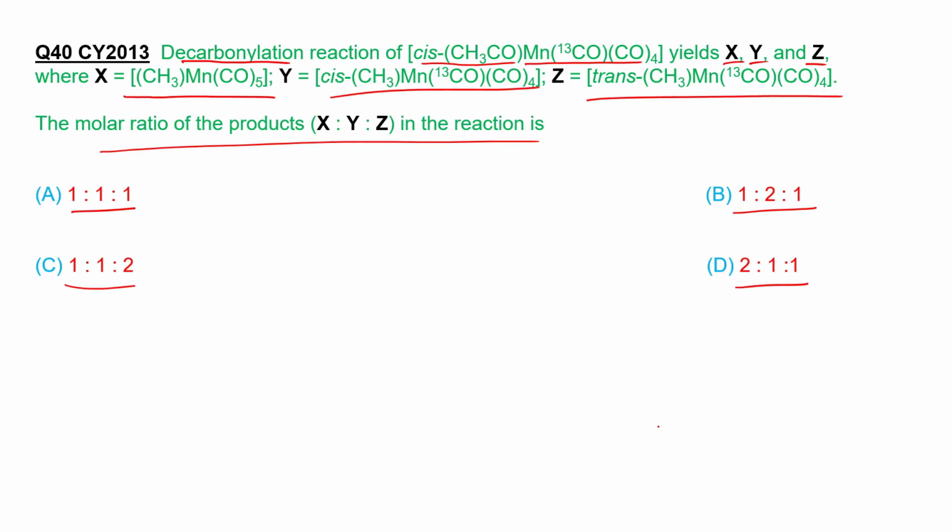Now coming to the question. The given complex is cis-COCH3 Mn(13CO)(CO)4, where the carbonyl incorporated with 13C and the COCH3 group are cis to each other, and this is an octahedral carbonyl complex of manganese.